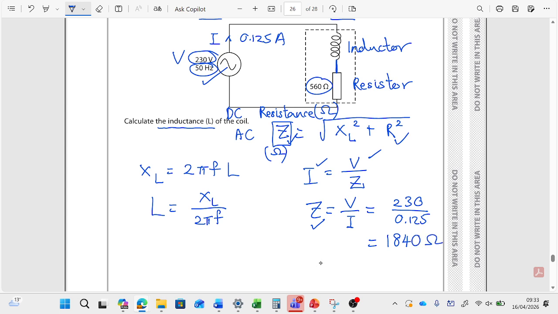Then, because I know Z, I can put it into what we'll call equation 1, substituting into equation 1 to find XL.